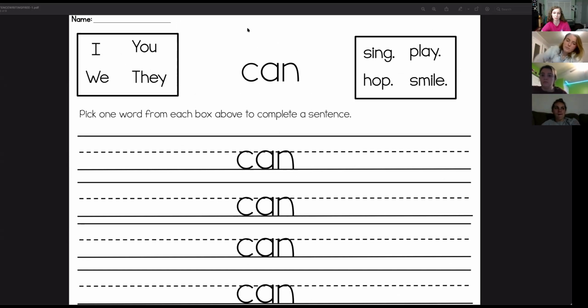Okay, KP, what word do you wanna use? We. Okay, so we. And then who wants to pick a word out of this box? Bree, what word do you want to use? Sing. Okay.